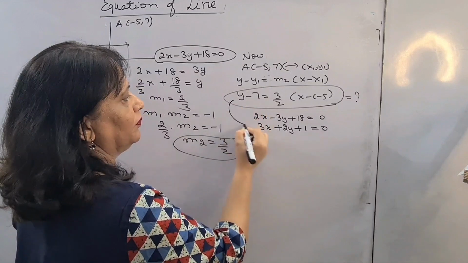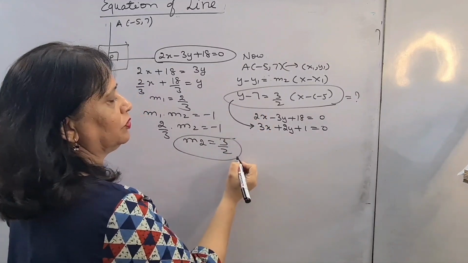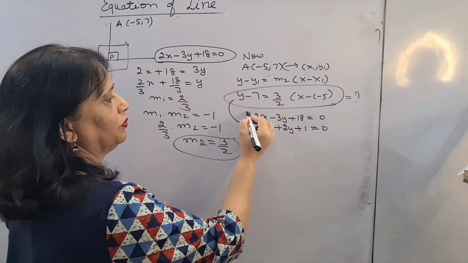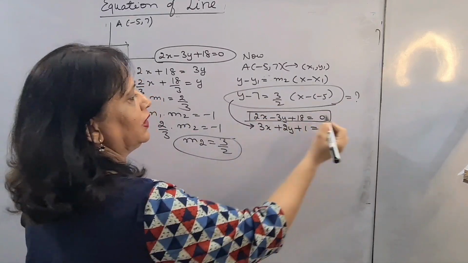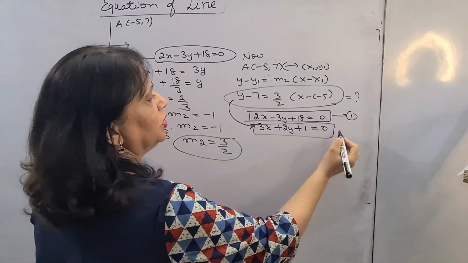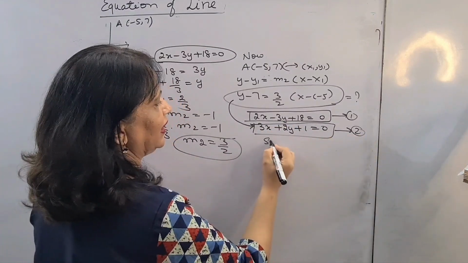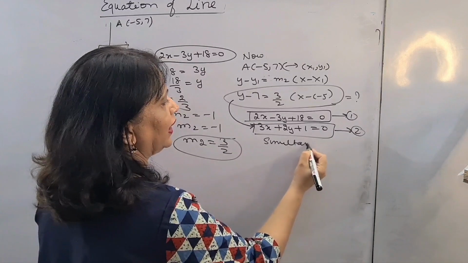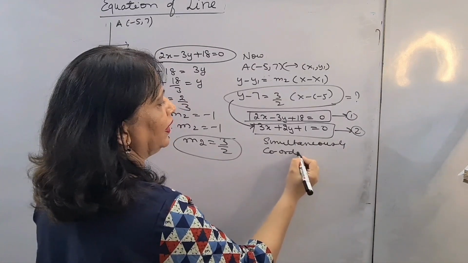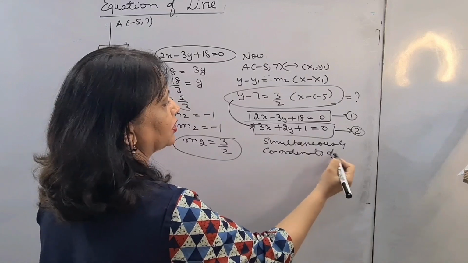This I framed from the question using the condition of perpendicularity. So given equation, let it be 1. Framed equation, let it be 2. Solve them simultaneously to get the coordinates of P.